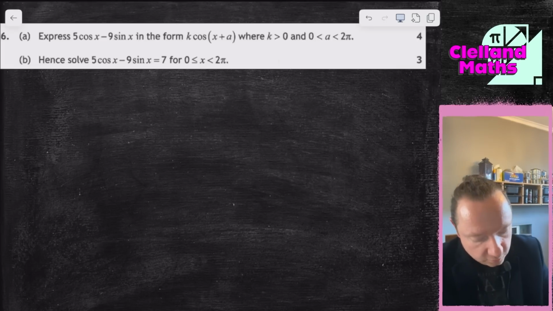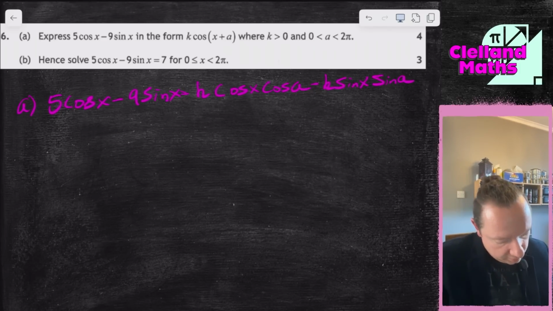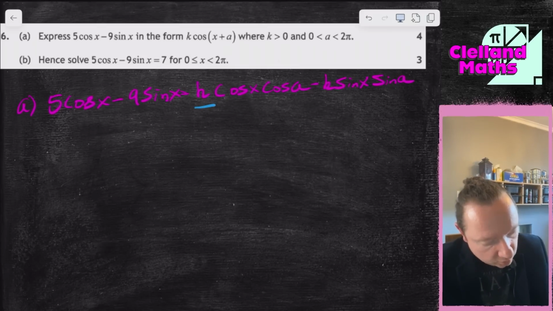Okay, so wave function first. 5 cos x minus 9 sin x equals k cos x cos a, change the sign, k sin x sin a. So I'm now examining what's in front of cos x on both sides. Well, k cos a equals 5.